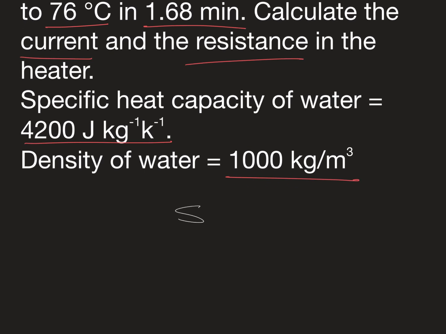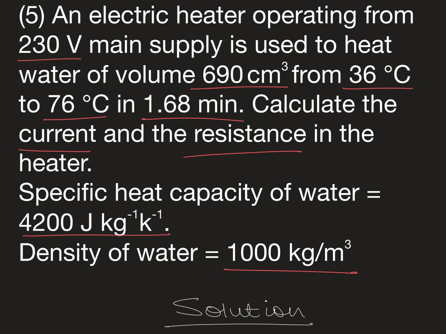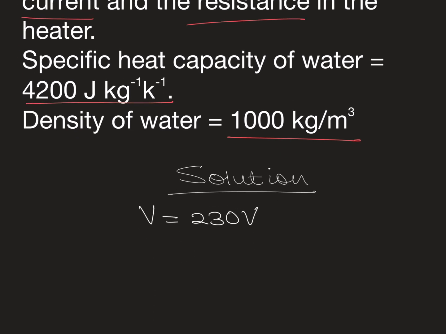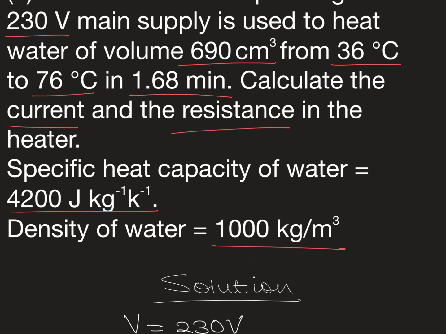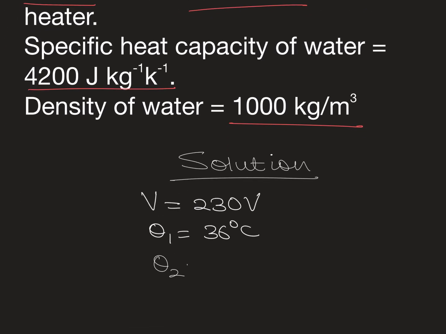Solution: we are given the voltage as 230 volts. So the voltage is 230 volts. The initial temperature is 36 degrees Celsius. The final temperature is 76 degrees Celsius.